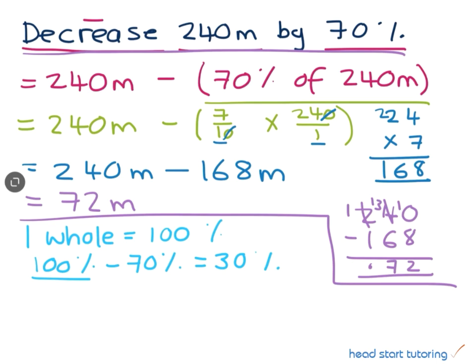So when we are decreasing 240 meters by 70%, what we are actually doing is we are just working out what 30% of 240 meters is.